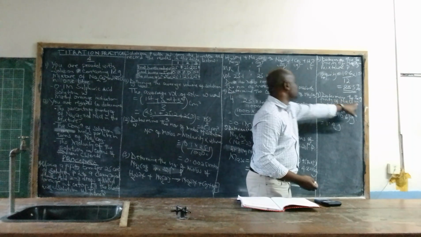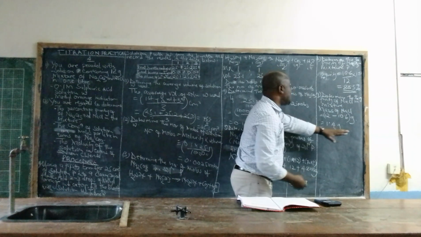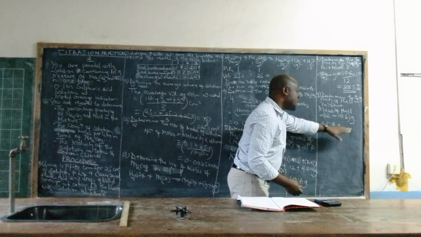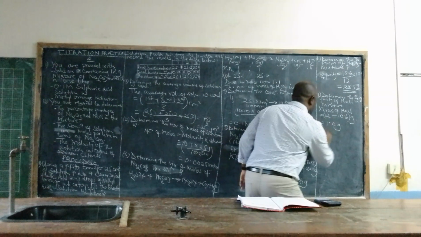So now, after we have gotten this, remember, the question is asking us to get the percentage purity of sodium chloride. So we are going to take this mass that we have gotten of sodium chloride.